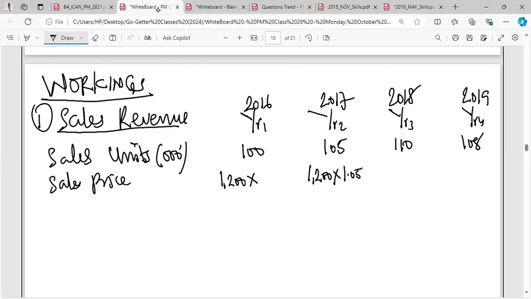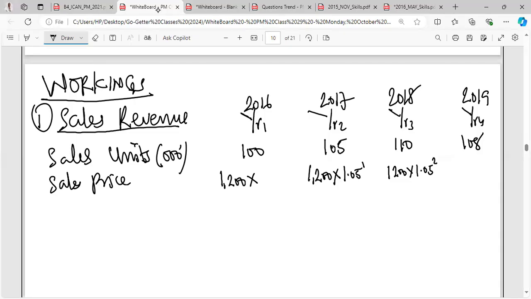How do we do that? This is still going to be 1,200 times 1.05. Now this is raised to power 2. So that means this will be raised to power 1, right? Anything raised to power 1 is the same thing. Anything raised to power 2 means this inflation is coming the second time.